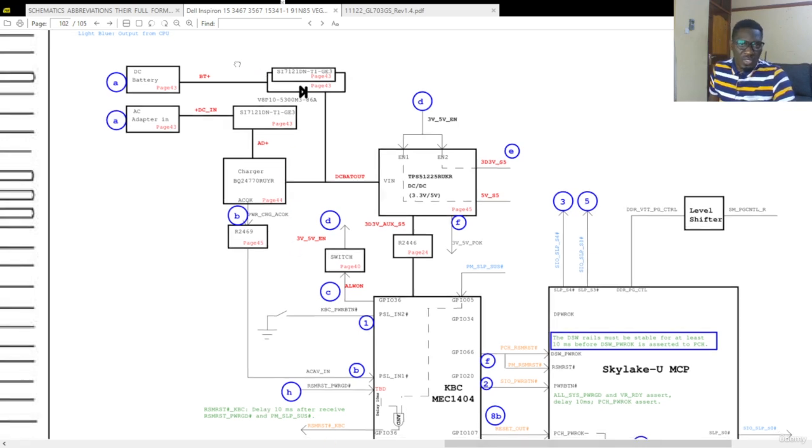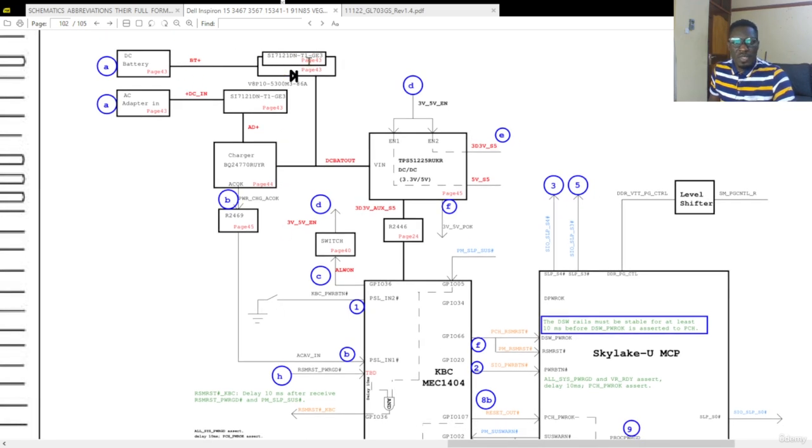When these two are present, the battery goes through another chip here to come here, and the same goes for the charger. It has another chip it goes through, then it goes to the charging chip.